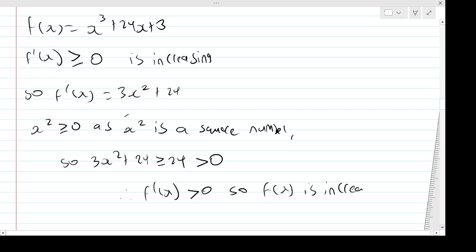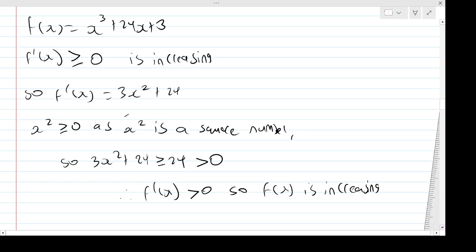Make sure you are very aware of the difference, right? The f dash of x is the gradient, which tells me if it's positive, then the function is increasing. We want to show that the function is increasing or decreasing, not f dash, okay? For f dash, we look at the sign. If f dash is positive, then the function is increasing.